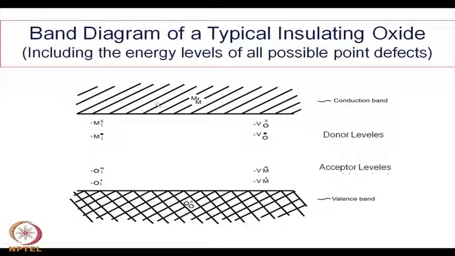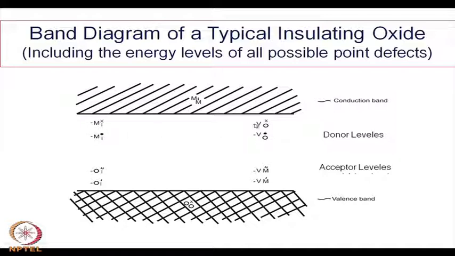So, these are the two bands, the valency band and the conduction band, and once again this is an MX kind of oxide. So, you have metal interstitials, a neutral X here denotes the neutral, that means it is not a charged defect, it is a neutral defect. Similarly, oxygen vacancy is a neutral defect, these are not negative signs, these are actually level indicators.